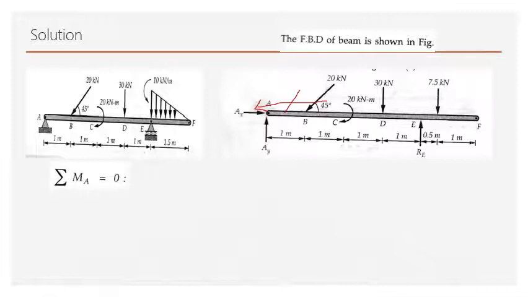Yes, of course, AX and AY do not produce any moment as they pass through the moment center A, right? So these three forces do not produce any moment. So what are the forces producing moment?